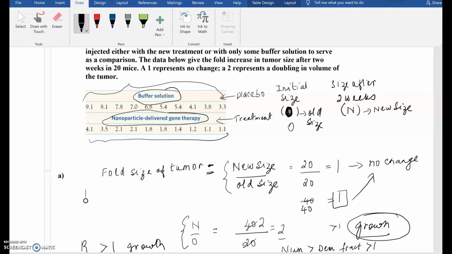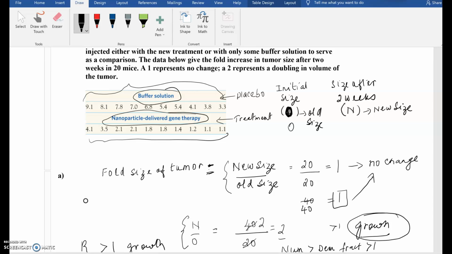Notice that none of these numbers are less than 1, which means that the tumor size did not shrink in 2 weeks. Whether it was the treatment or obviously the placebo, basically no treatment, the tumors continued to grow.